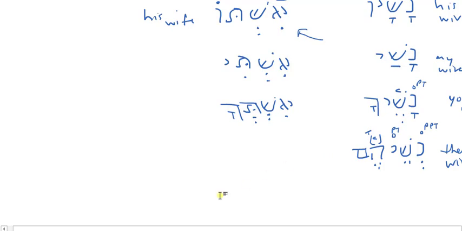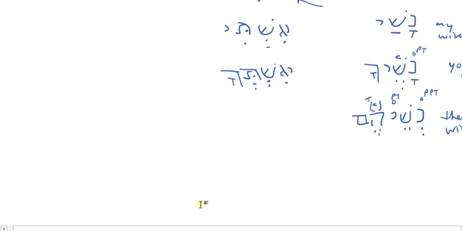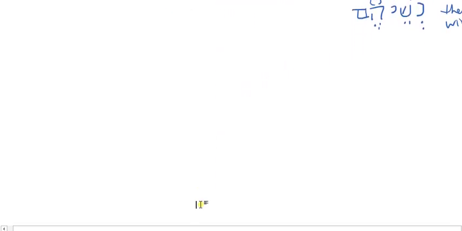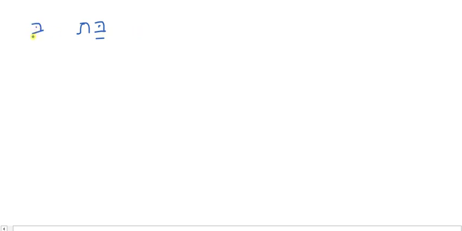The other word that's a little bit problematic under this section is the word for daughter. Let's talk about the word daughter here in Hebrew. The word daughter is bat. A bat is a female son. We learned the word for son is ben. Bat is really ben with a tav added to the end, and the nun has assimilated to the tav, and so you can't see it.